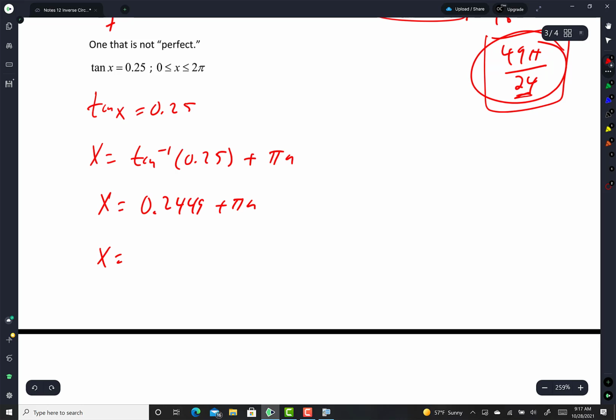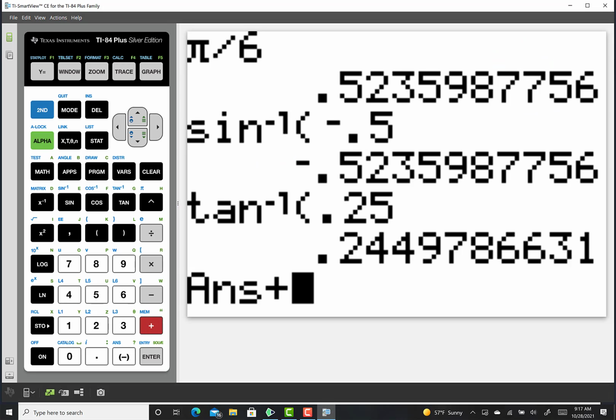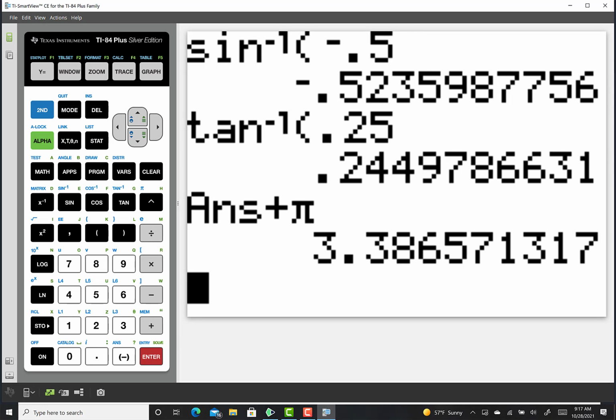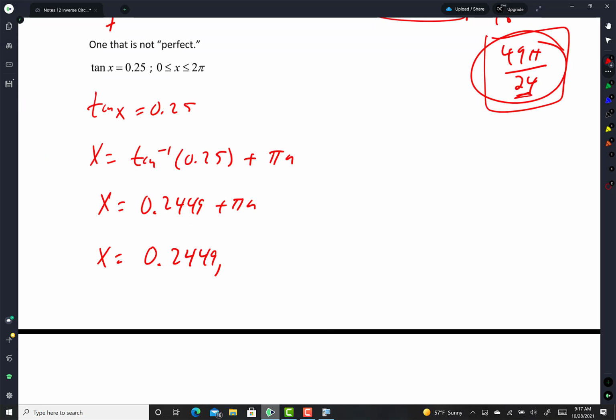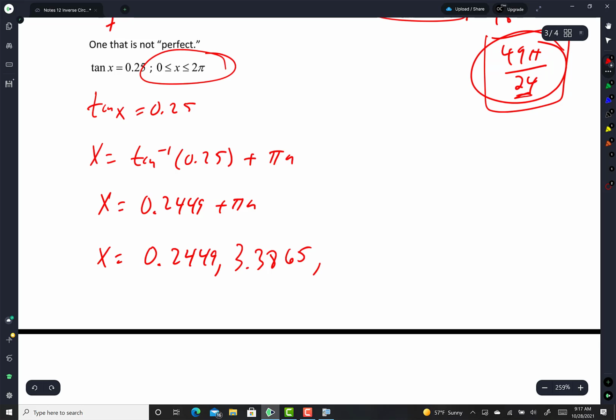So my first answer is 0.2449. My next one is going to be that plus pi, 3.3865. And that's it, because if you add another pi, you're above the 2 pi limit.